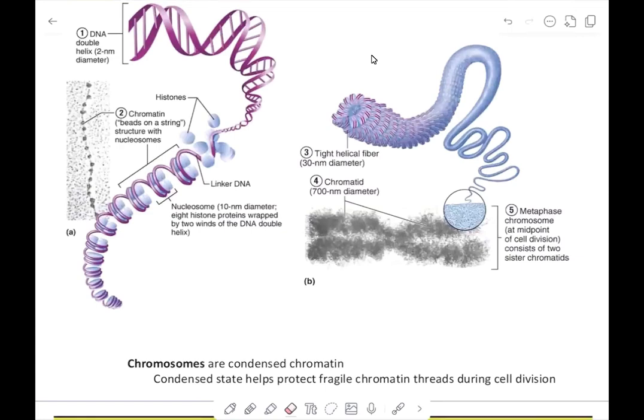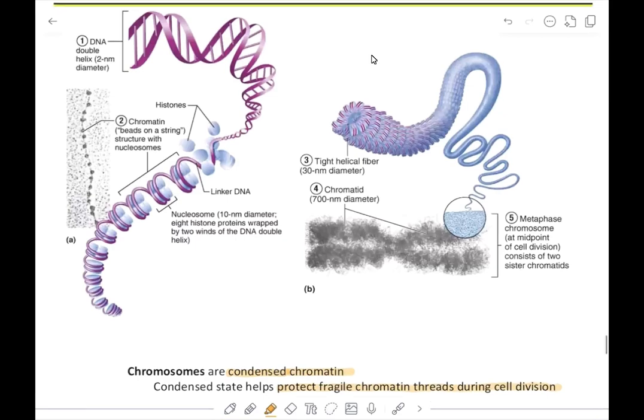DNA can be found in various forms. The first form that you saw on the previous slide was that of chromatin. Chromatin is condensed chromosomes, and this condensed state is very important because it helps to protect the fragile chromatin threads during cell division.